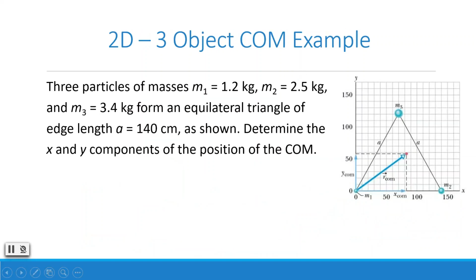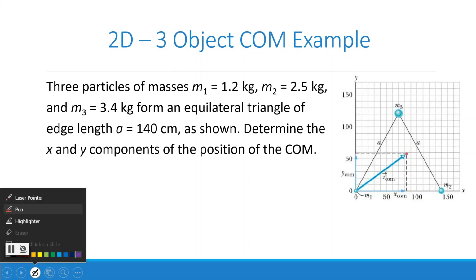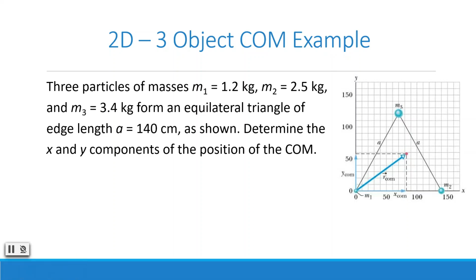So here's an example. We have 3 particles of different masses. They form an equilateral triangle, and we want to determine the x and y components of the position of the center of mass. To solve this problem, you need to set up a coordinate system. They've done that for us here.